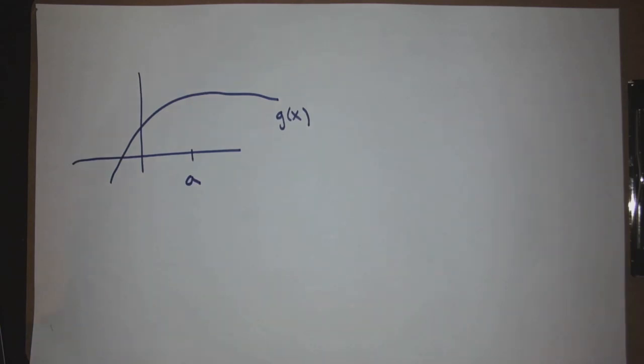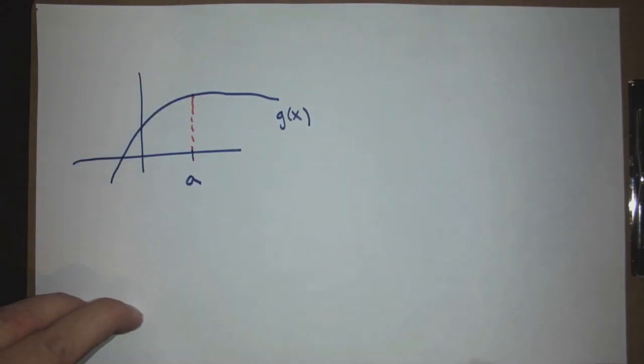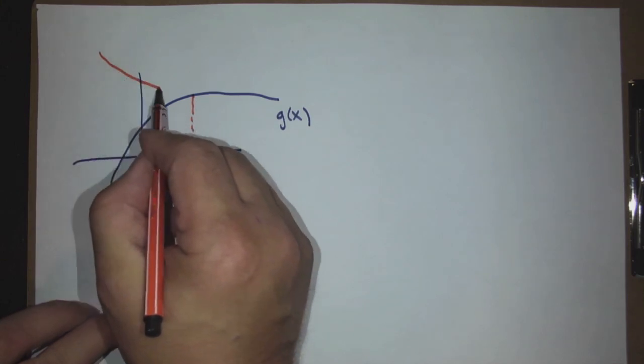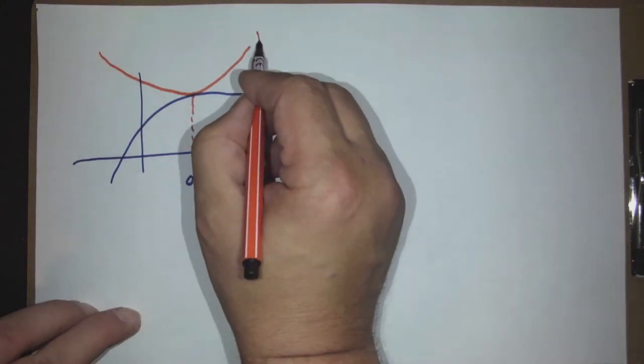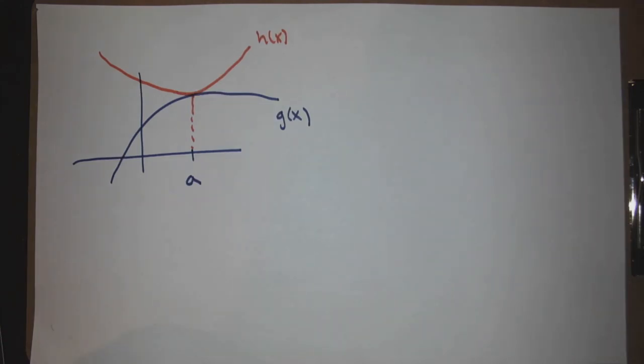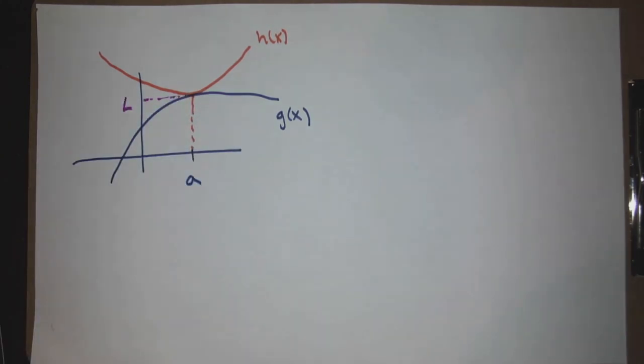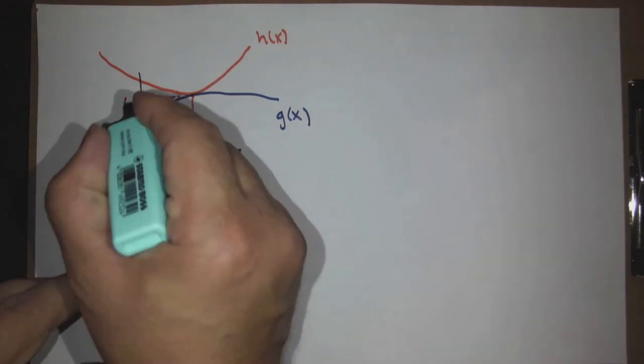And I have another function, h of x. And I've drawn them so that they just touch. That's not a coincidence. I really want them to do this. Okay, and the moral here is I have L. All right. So what's our setup?